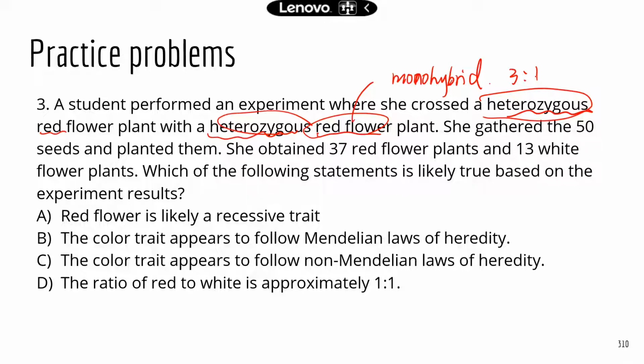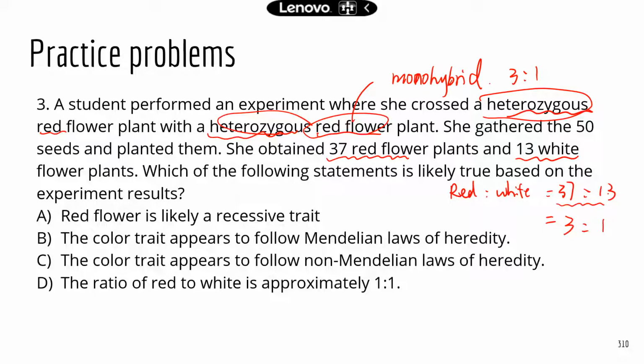All right, now let's do the calculation. So 37 red flower, 13 white. So the ratio for red to white is 37:13. I do a little calculation. On a TEAS test, they do provide digital calculators through the computer, and you can calculate that the ratio is about 3:1.